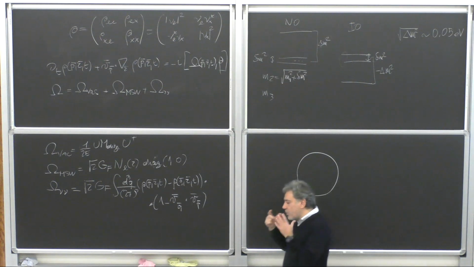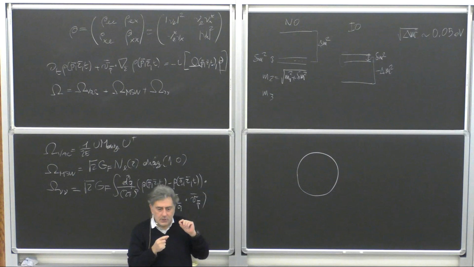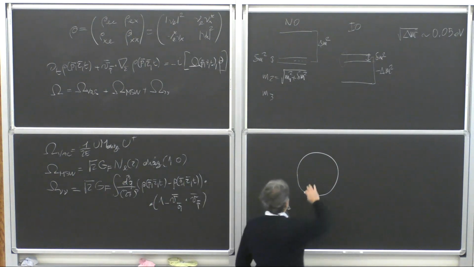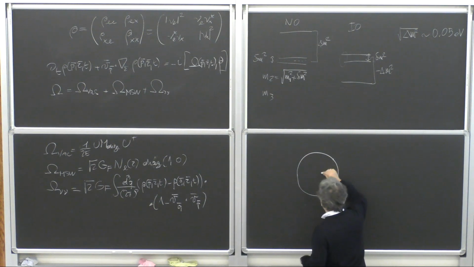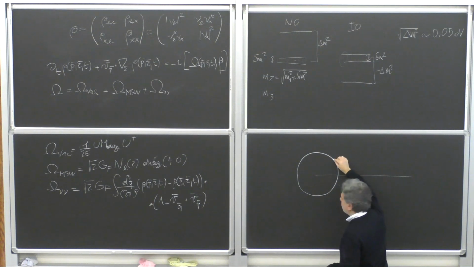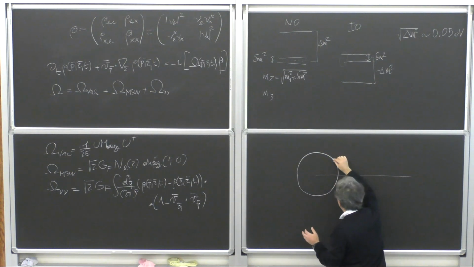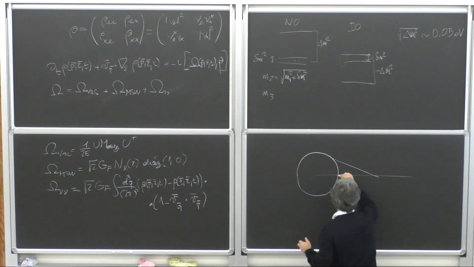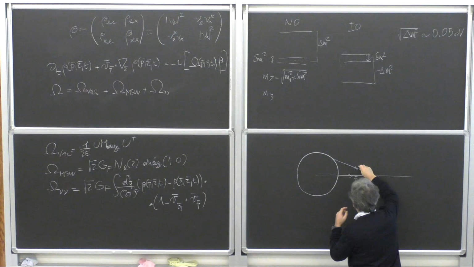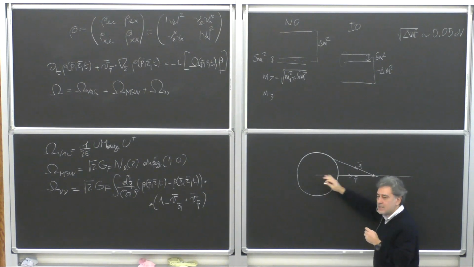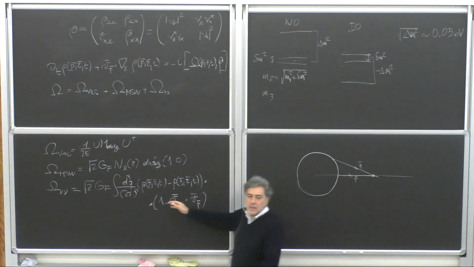Actually, you have more than one neutrino sphere, because interactions are slightly different for neutrinos and antineutrinos, the cross-section differs. But in the first approximation, you can have one sphere where neutrinos are trapped, and from every point of this surface the flux is emitted in all directions. You can have, for instance, a neutrino propagating in direction P, scattering here at a certain distance R with a neutrino with direction Q. And this is what you have to calculate here.